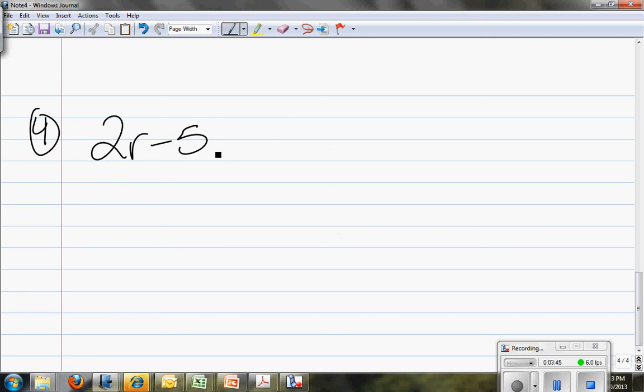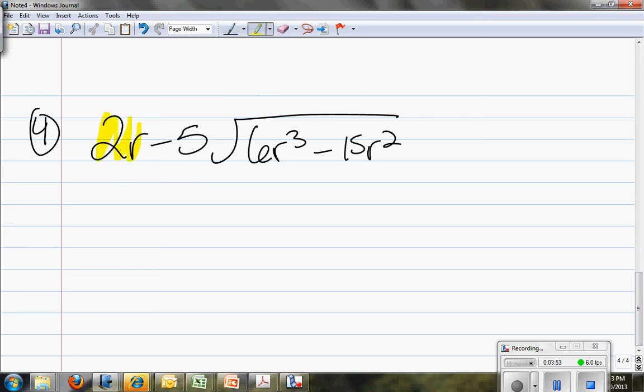Number 4, 2r minus 5 divided by 6r cubed minus 15r squared. Ask yourself, how many times is 2r going to 6r cubed? 2 times 3 would be 6. R times r squared would be r cubed.